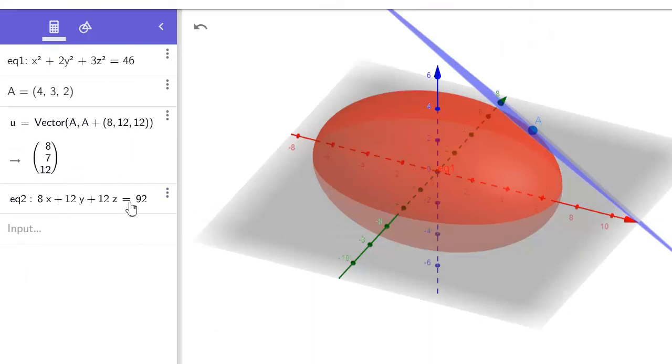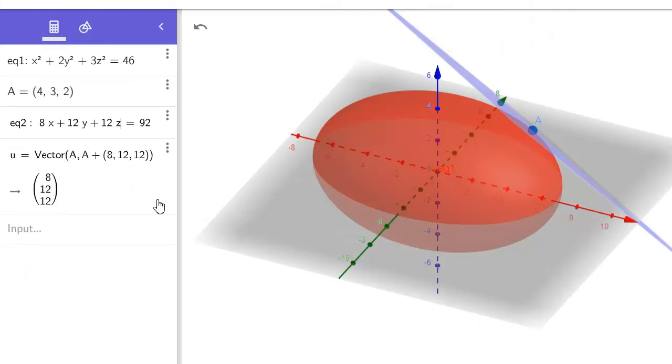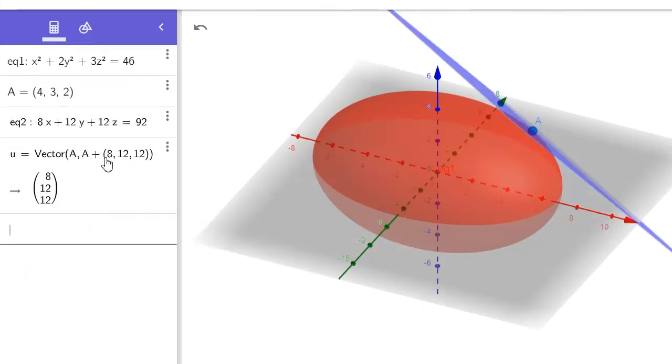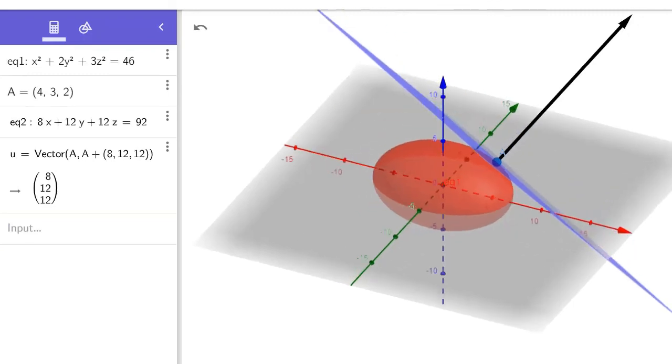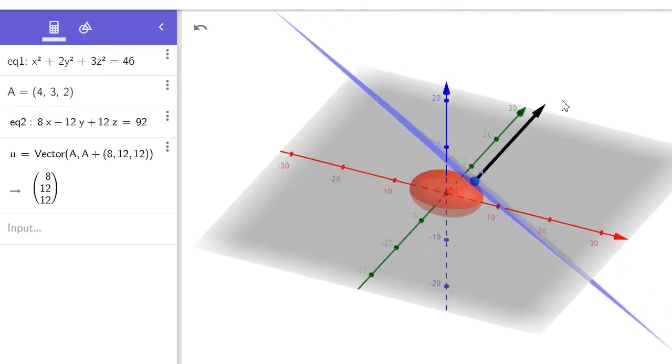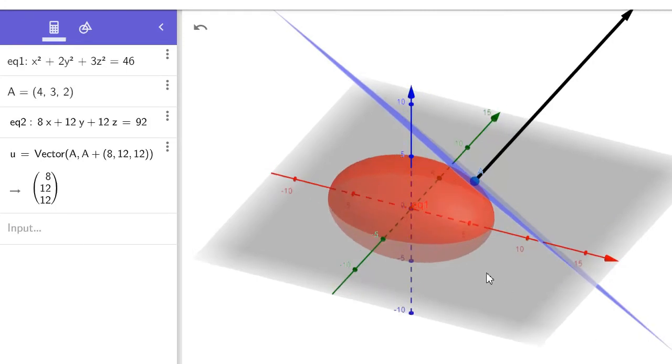So where is it? So this is our vector here. So that's grad f there. It shoots straight out from the surface. That black vector there is grad f. Okay, let me just zoom back in. So now we've got grad f.